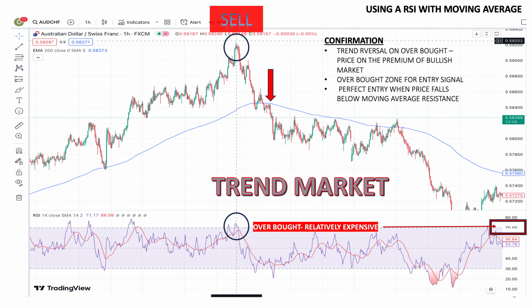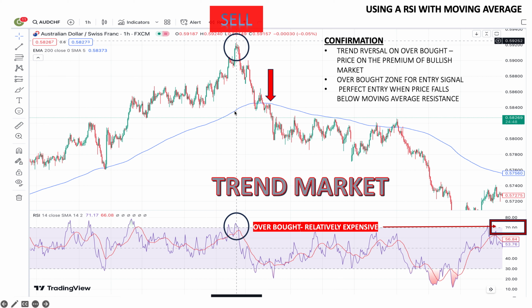Now, in an advanced way on how to use an RSI with a moving average, you can see we have the 200 moving average, the general moving average, which I've explained to you in my previous episodes. On the left side, we're already in a bullish trend, an uptrend, because the price is sitting on top of the moving average.